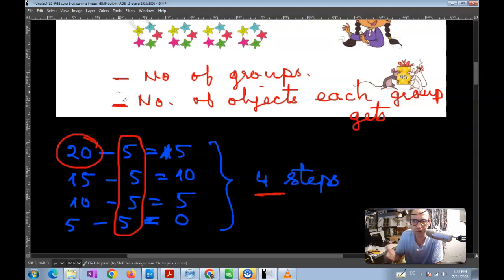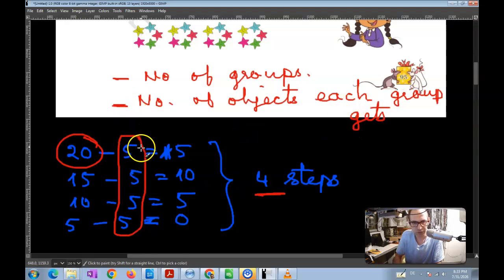In any division you have a number of groups, meaning that, for example, you have 2 plates or 3 plates or 4 plates. That's your number of groups. Then in each plate you end up having, for example, 4 sweets or 3 sweets or 5 sweets. That's the number of objects that each group gets.